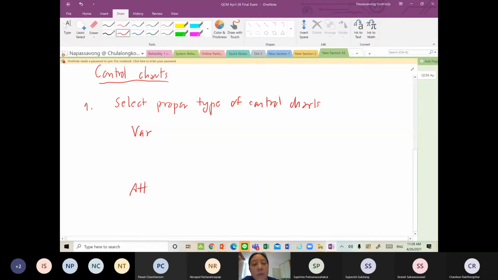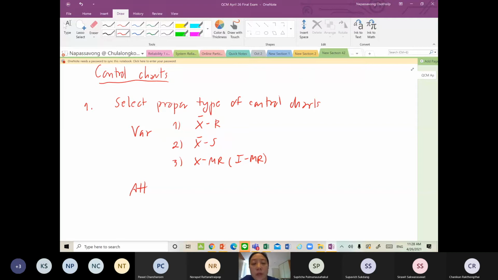For variable, we have X bar with R charts, X bar with S, and XMR. XMR we can also call IMR; X and I are the same thing. You have to be able to distinguish between these three types of charts.